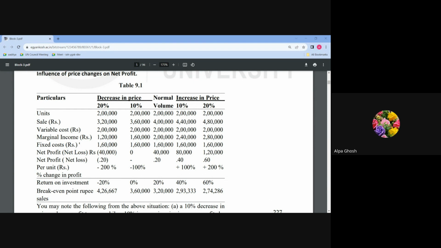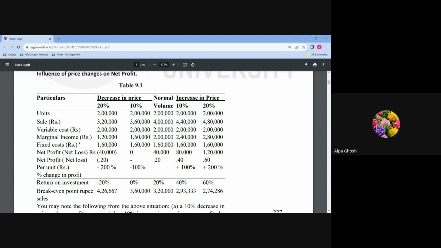Am I clear? So 2 lakh multiplied by 1, your answer for variable cost is 2 lakh rupees.